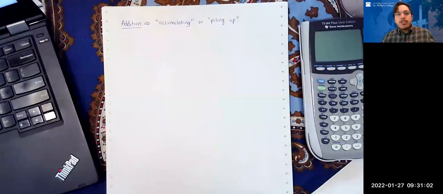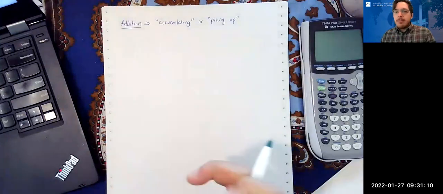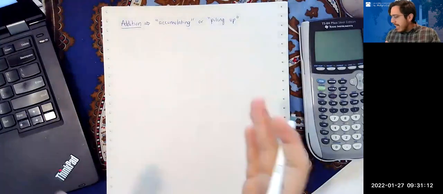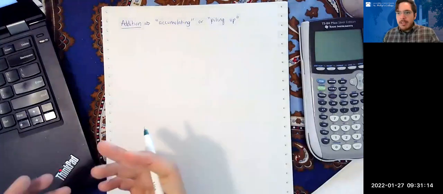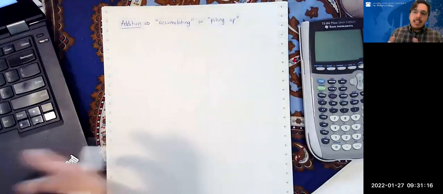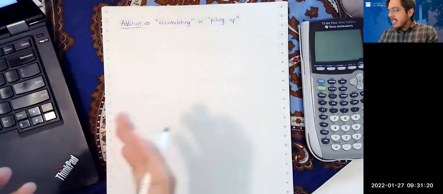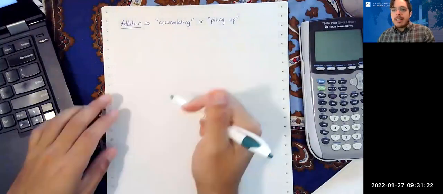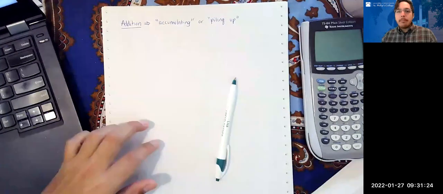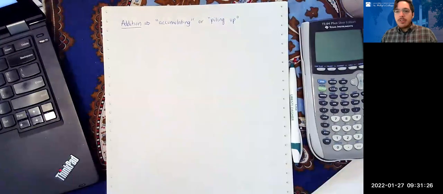And that is only true when you're adding positive values, because then you're moving in the positive direction on the number line. But when you add a negative value, you're actually moving in the left direction, the negative direction on the number line. So this intuition for accumulating or piling up, that when you add, your number has to get bigger, is only true when you're adding positive numbers.